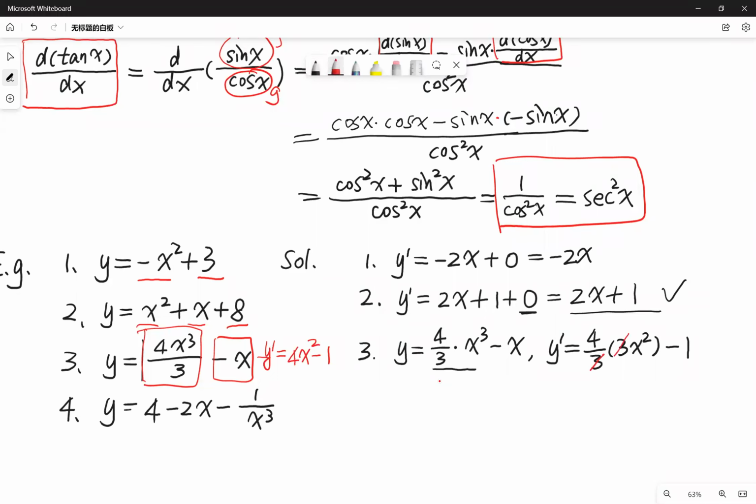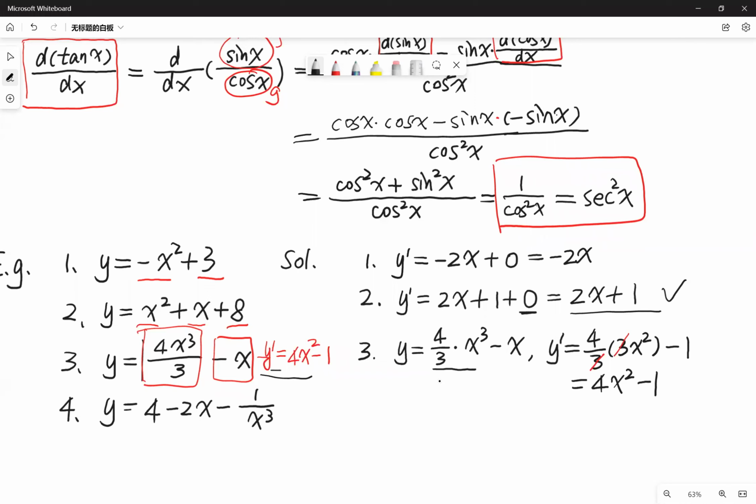It equals 4x squared minus 1. I think all of you mastered this point: the answer equals 4x squared minus 1.